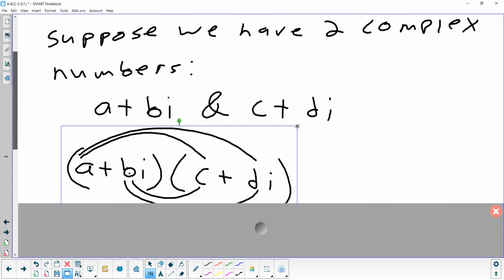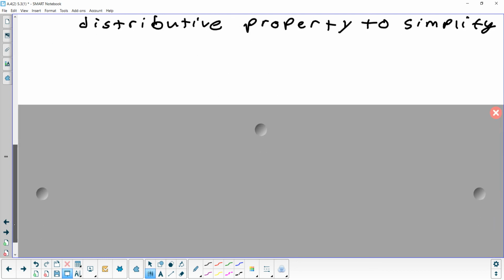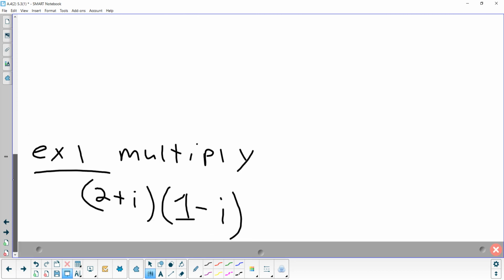So when we multiply, we'll go through one step at a time. Make sure people are with us. And notice when it's multiplication, there is no symbol between the parentheses. That means multiplication. In math, you don't have to put a dot there for it to mean multiplication. So on the test, if you see a problem like that, even if it doesn't say multiply, you know that has to mean multiply because there's nothing between the parentheses.